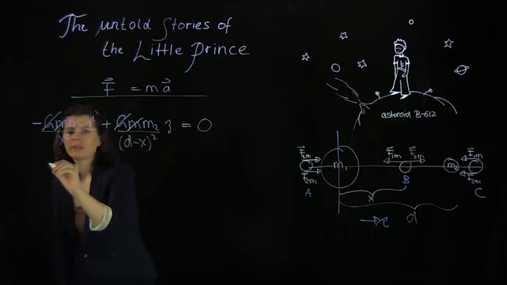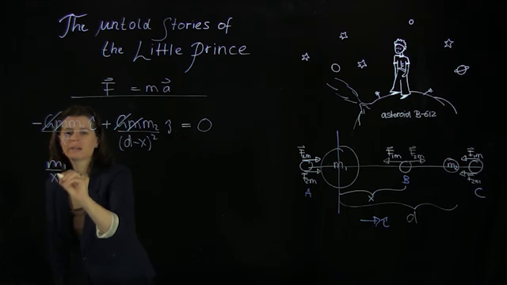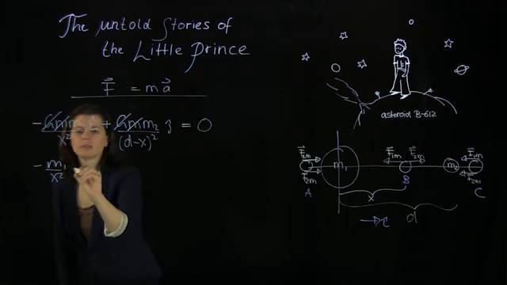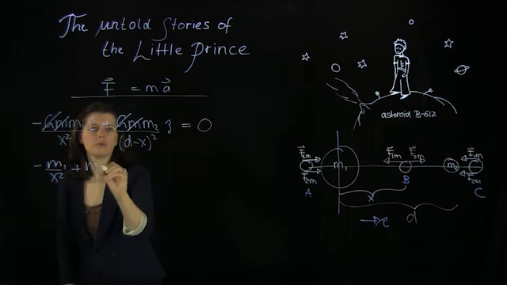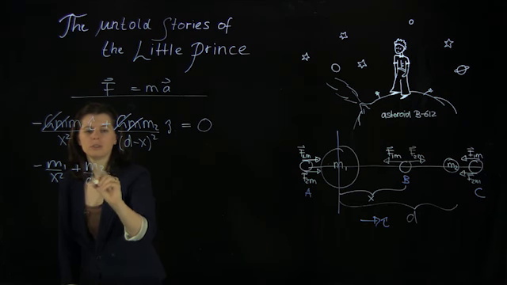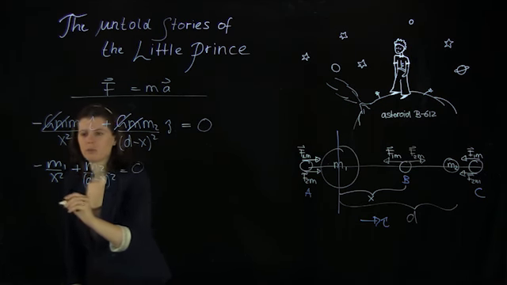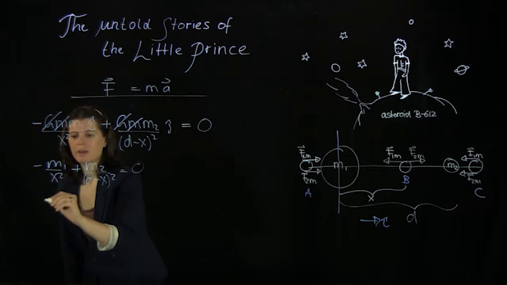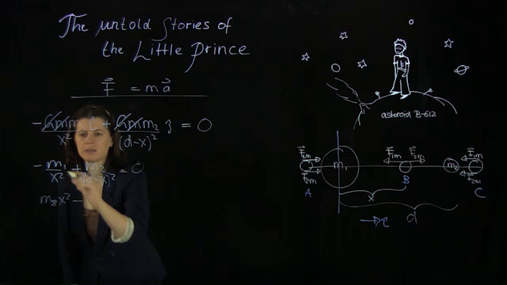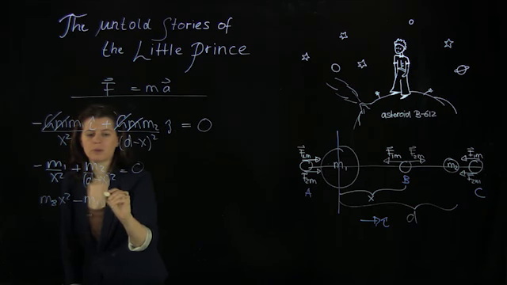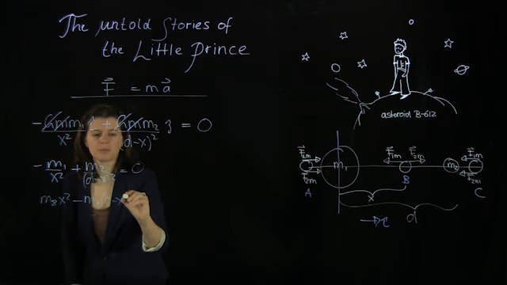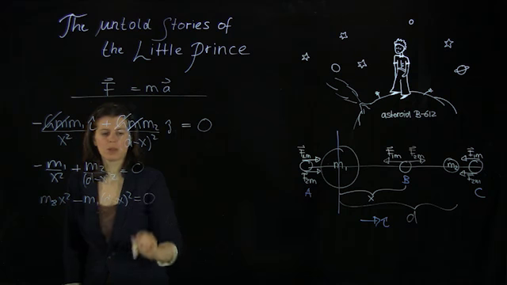And then we're left with m1 over x squared minus plus m2 over d minus x squared. And we can write that as m2 x squared minus m1 (d minus x) squared.